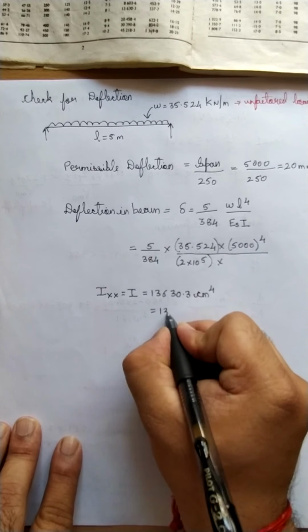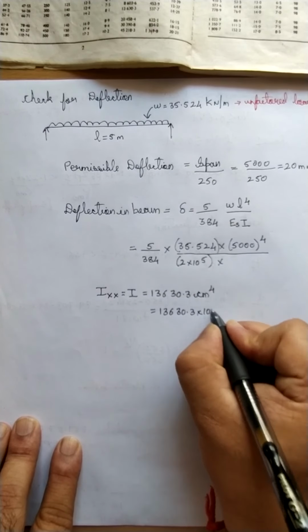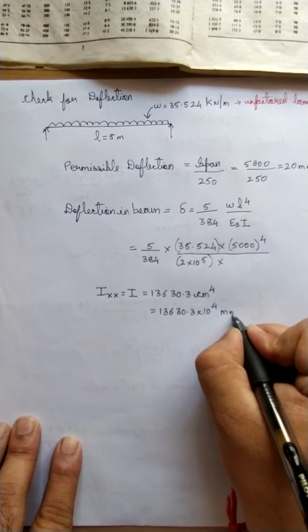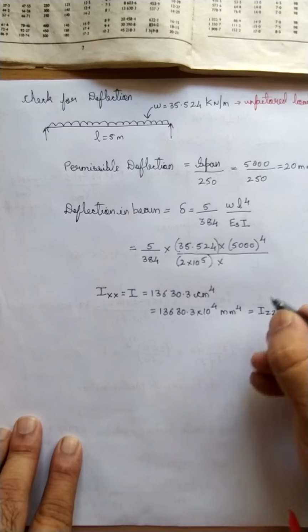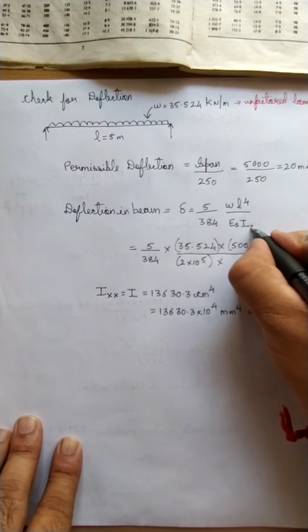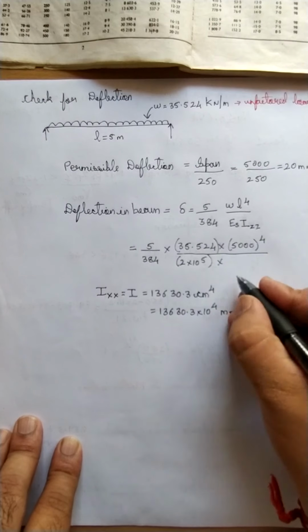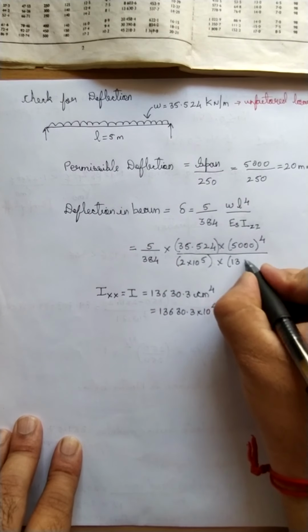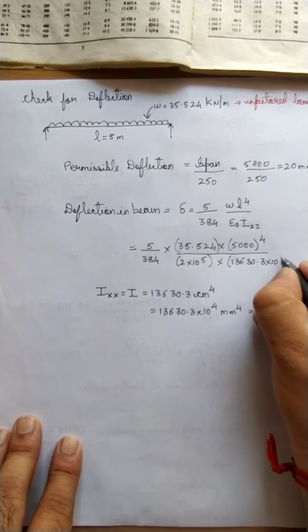So let us convert it in terms of mm. So into 10 raised to 4 mm raised to 4, which is nothing but Izz. So this I has to be substituted as Izz, which is equal to Ixx. So let us substitute this value here. So this is 13630.3 into 10 raised to 4.